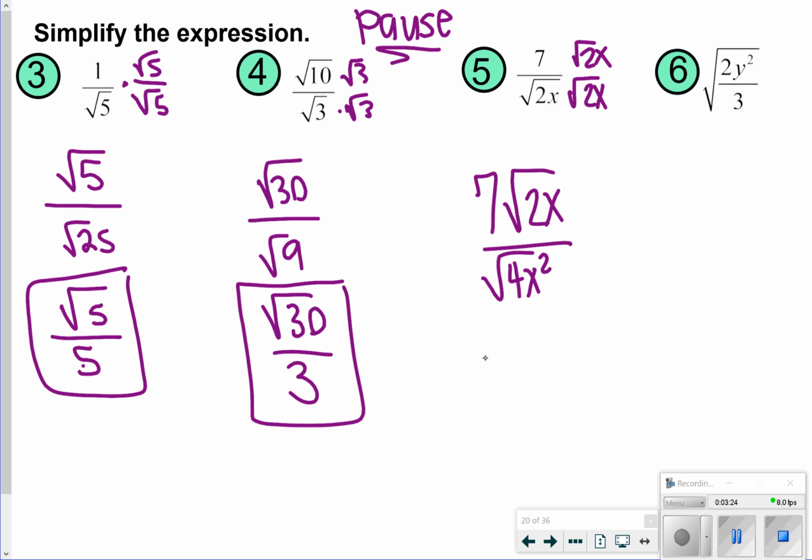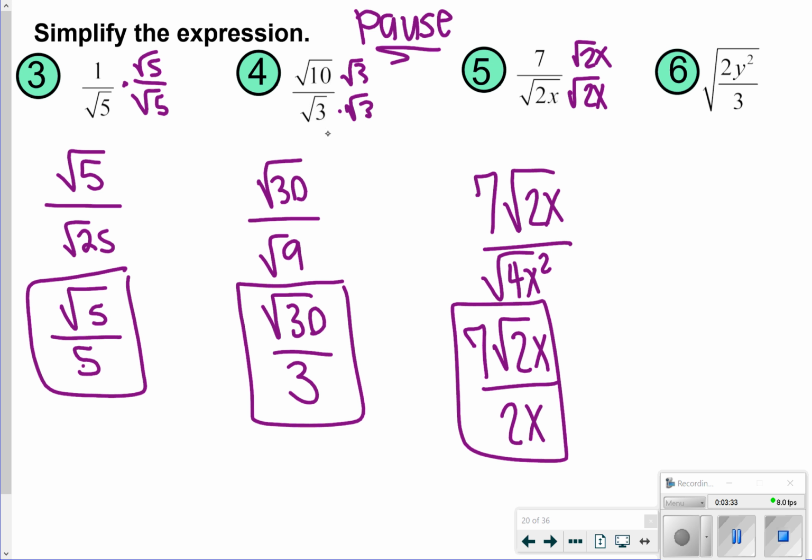Then we're just going to simplify as much as we can, so we get 7 times the square root of 2x over 2x. Noticing that when you're multiplying the radicals together, like the square root of 5 times 5 is just 5. The square root of 3 times the square root of 3 is just 3. So maybe that's an extra step that you could take out of your work.